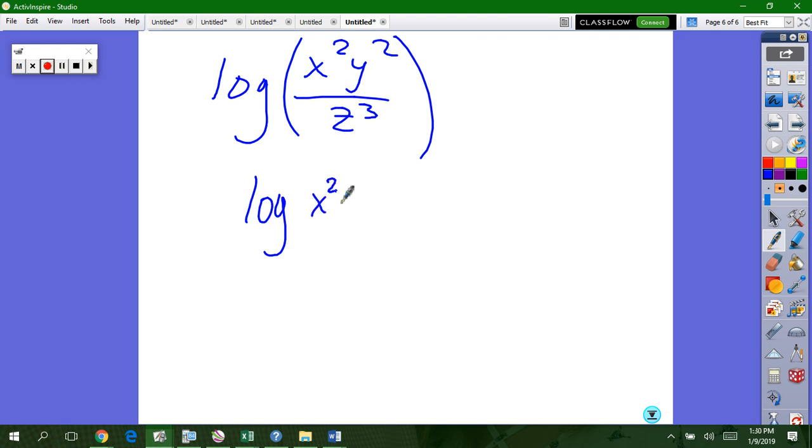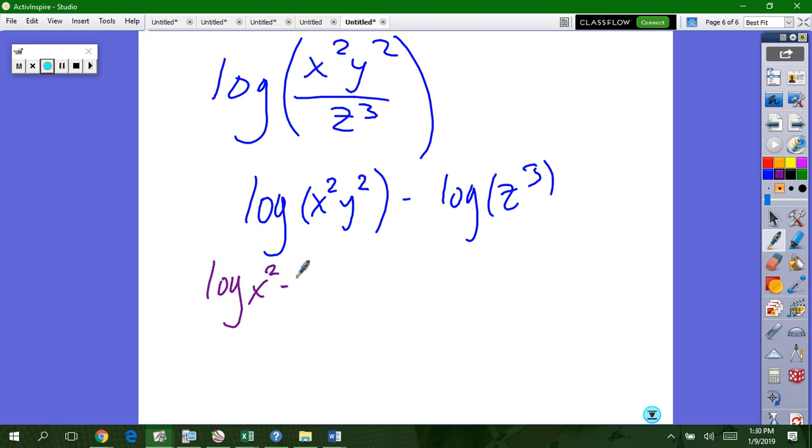So this is log x squared y squared minus log of z cubed, because the division is the subtraction, right? Okay, but what do we see in this guy? Multiplication, right? Yeah. You want to go there first. So that's log of x squared plus log of y squared minus log of z cubed.